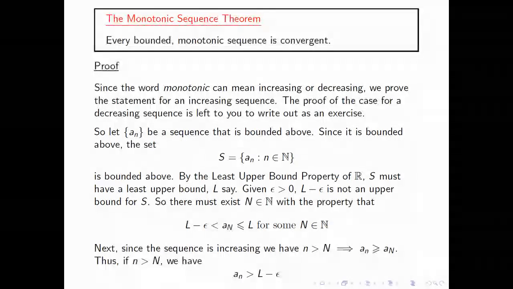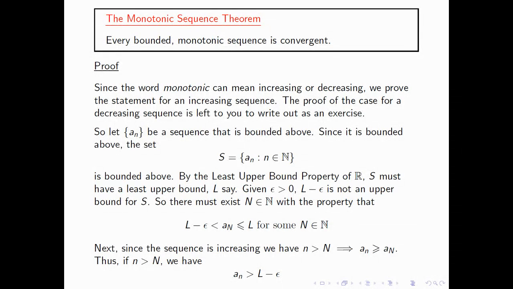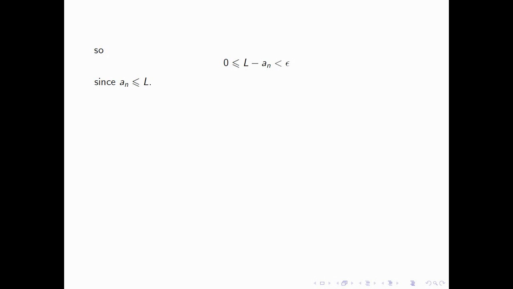That's the definition of an increasing sequence. Thus, if n is greater than capital N, then a_n is greater than L minus epsilon. So that L minus a_n is greater than or equal to 0, which is less than epsilon, since a_n is less than or equal to L. That last bit, since a_n is less than or equal to L, proves that L minus a_n is greater than or equal to 0.